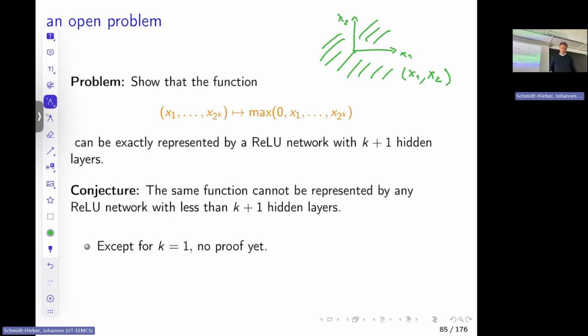For the case k=2, there's a paper where they use tropical geometry to try to prove that, and then they rely on an assumption or other conjecture that I believe is as hard as the thing they want to prove in the end. But there are many other tools you can in principle use from other areas of mathematics, like tropical geometry, which has a lot to do with piecewise linear functions.